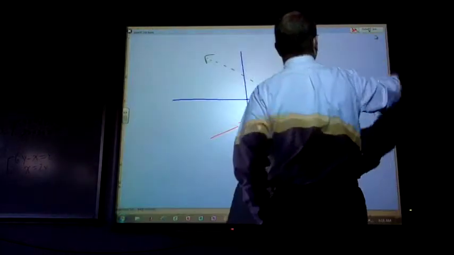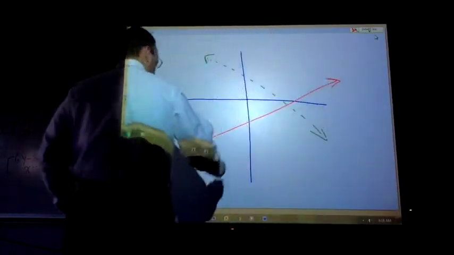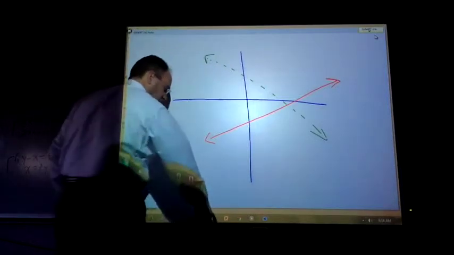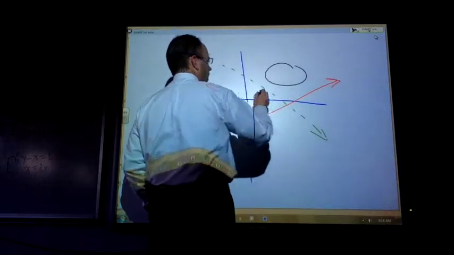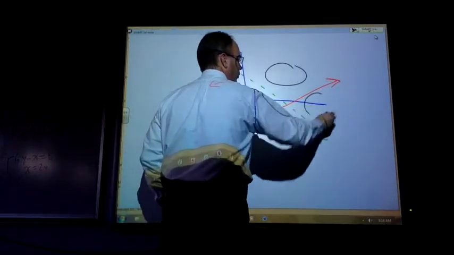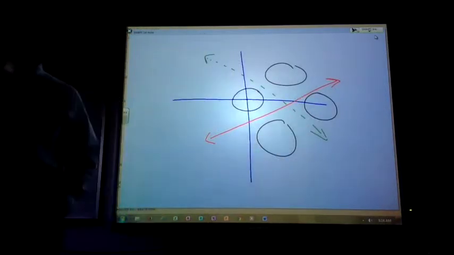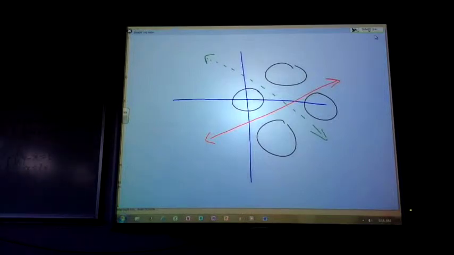A few things to think about: we have this region here, this one here, this one here, and this one here. One of those regions will be a true-true, one will be a false-false, one will be a true-false, and one will be a false-true.